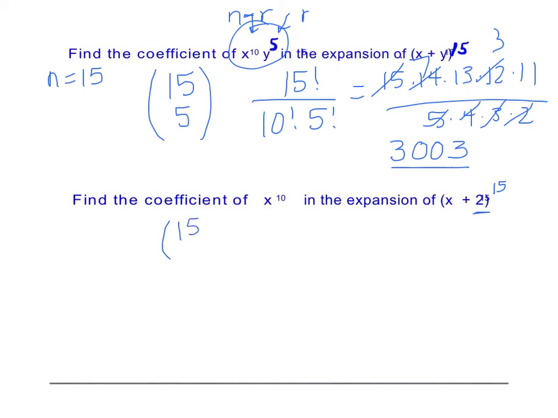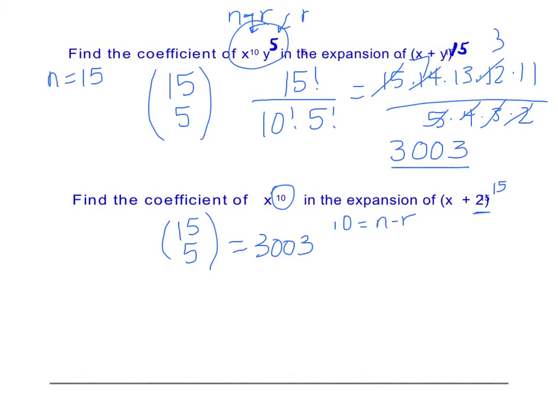The coefficient of x to the 10th, that means that r is going to be 5, because this 10 is n minus r, so this will be 5. Okay, and we just did that one right above here, so I'm going to use my deductive abilities to know that 15 objects taken 5 at a time is 3,003.